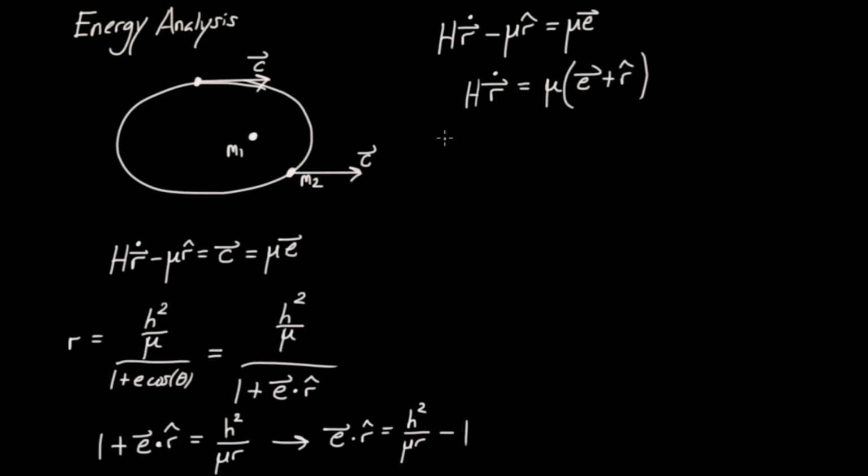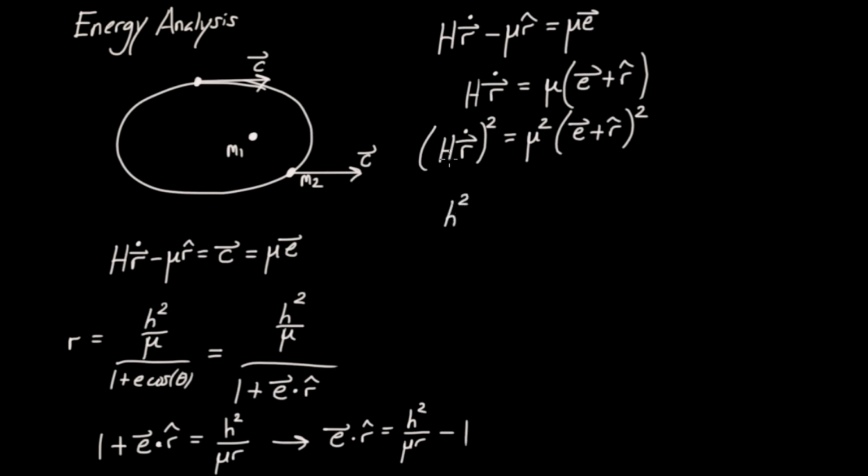Now the next little trick I'm going to do is square both sides of this equation. So on the left hand side I have h r dot squared, and on the right hand side I have mu squared times e plus r hat all squared. So just squaring both sides there. Now if you work through this on the left hand side, actually expand this thing out, you'll find that the left hand side is equal to little h squared.